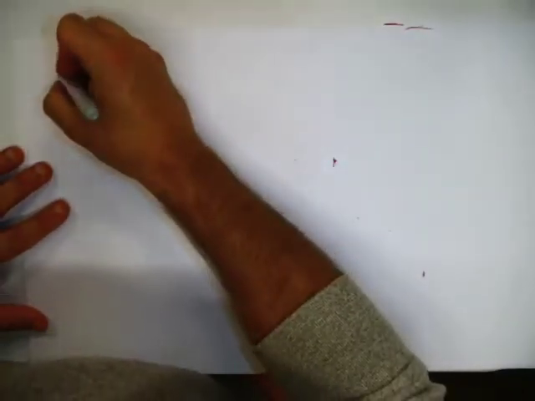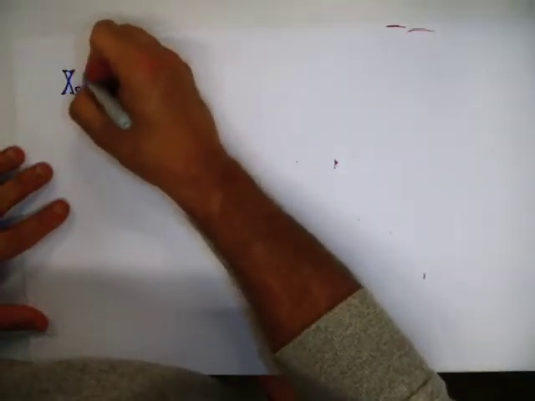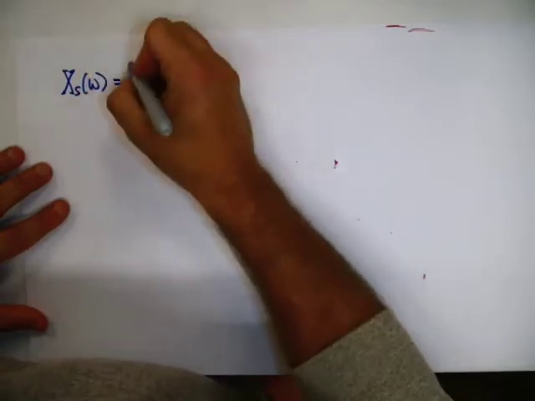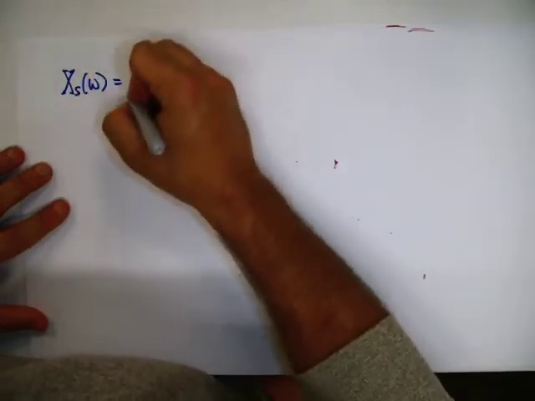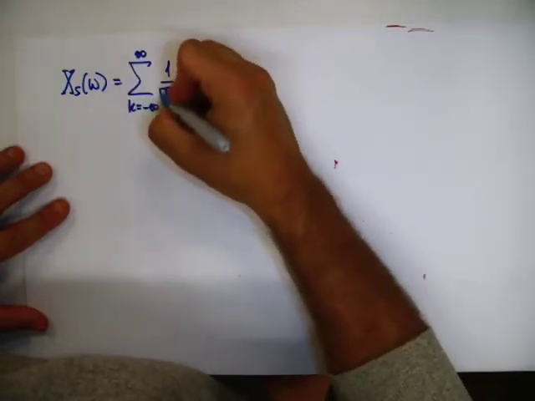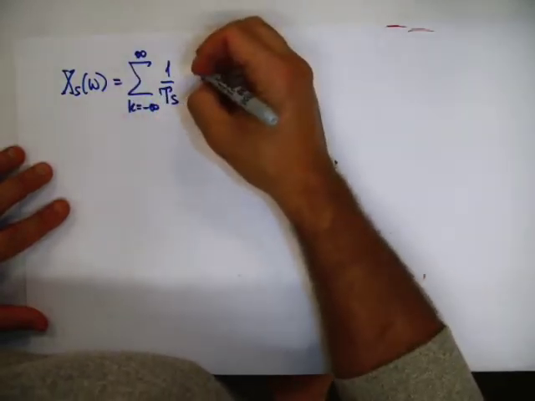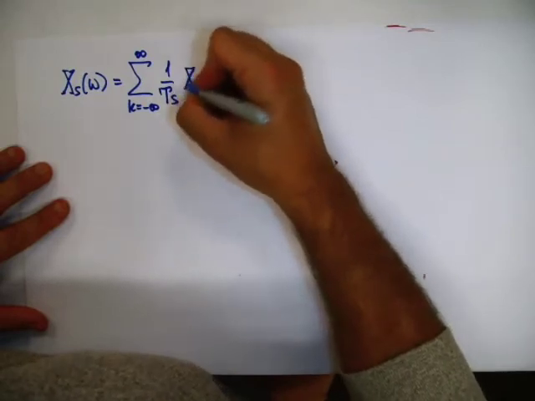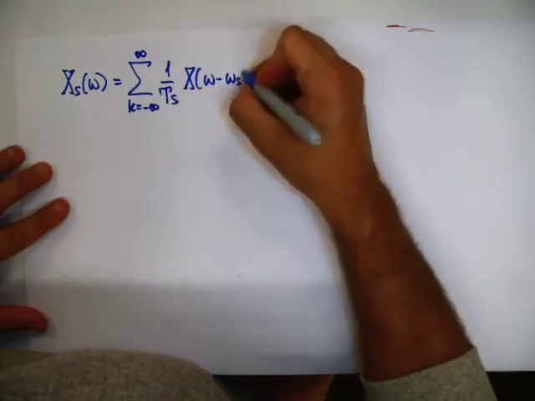So we got this Xs of omega, which is given by the infinite sum of 1 over Ts of capital X of omega minus k omega sub s.